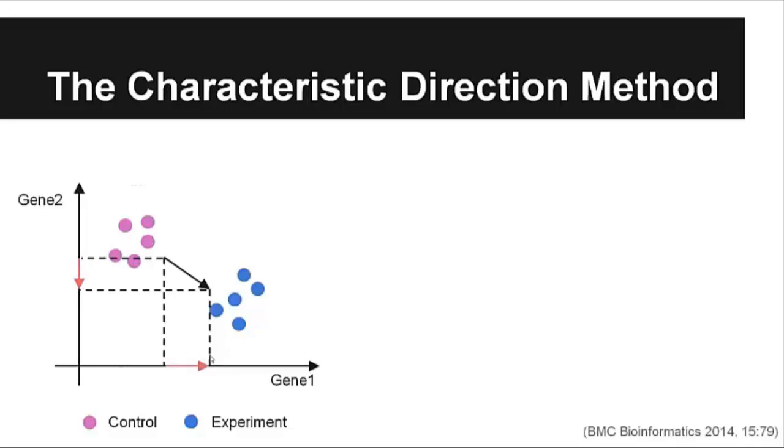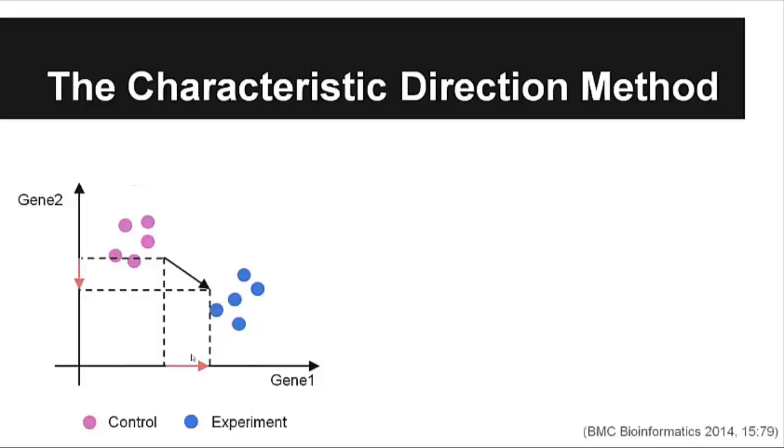Which means that the experiment is more different from control on gene 1 than gene 2. So gene 1 contributes more to the difference between experiment and control, in other words, gene 1 is more differentially expressed than gene 2.